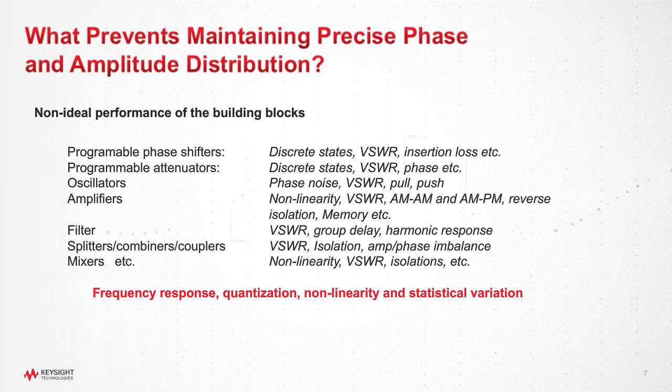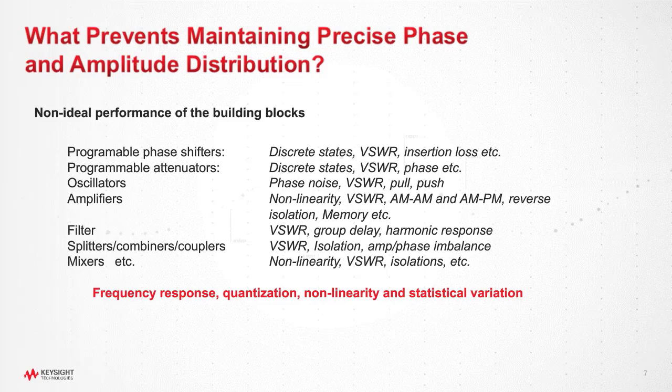And these are actually multi-channel front-end electronics. All these electronics will have parts as shown here, and all of them will have non-ideal behavior. When they have non-ideal behavior, they're going to disturb the phase and amplitude distribution that we intended them to deliver to the antennas.